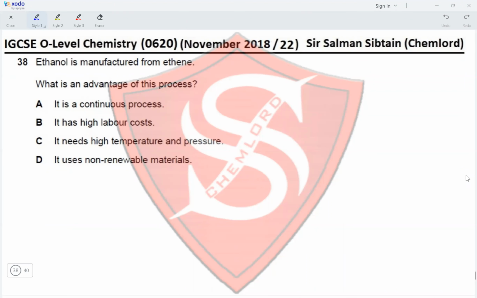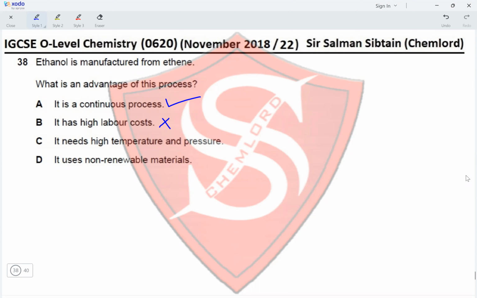Question 38. Ethanol is manufactured from ethene. Okay, addition of steam. What is an advantage of this process? It is a continuous process. Yes, ethene can continuously be added onto by steam and ethanol can continuously form. It has high labor costs. No, that is not an advantage. That's a disadvantage.